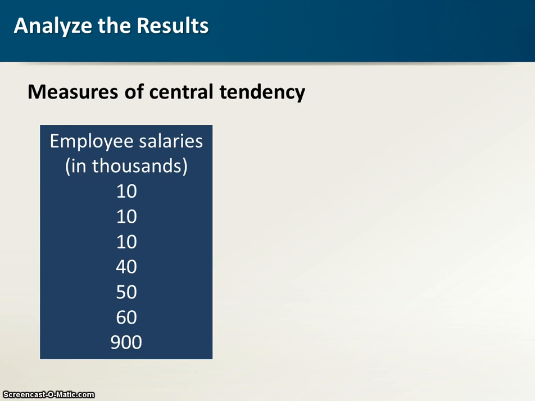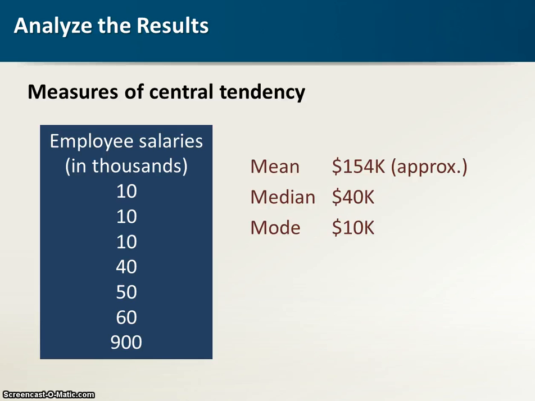Well, if I were to take the mean, right, so I add up all of these scores and then divide by 7 because there are 7 scores, I would get a mean of about $154,000 a year, whereas the median in the middle is 40,000 and the mode is 10,000. Well, which average I pick depends on what I think of the company. If I want to make the company look great, I'm like, our average employee makes $154,000 a year.